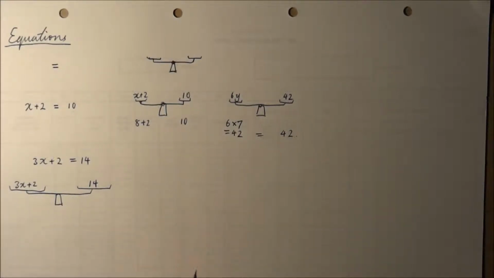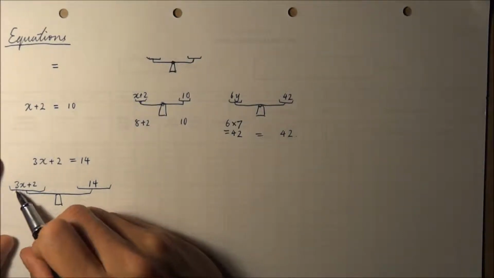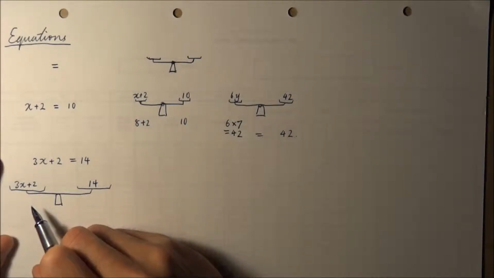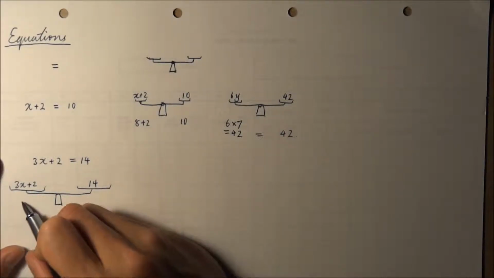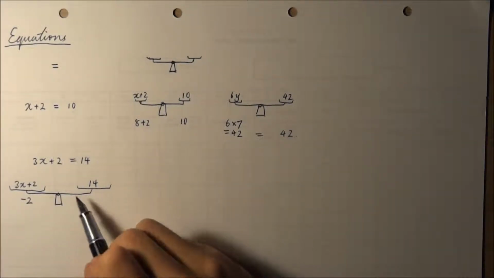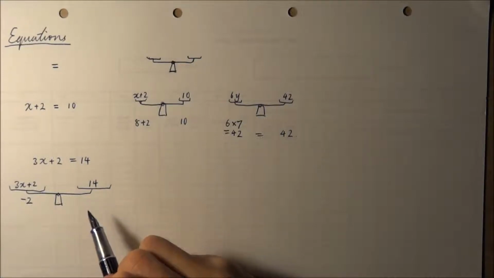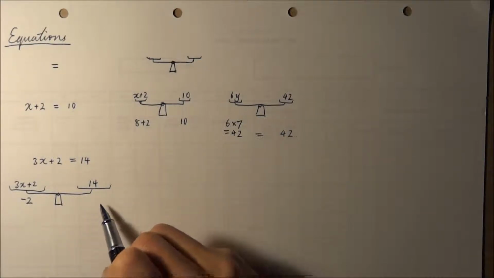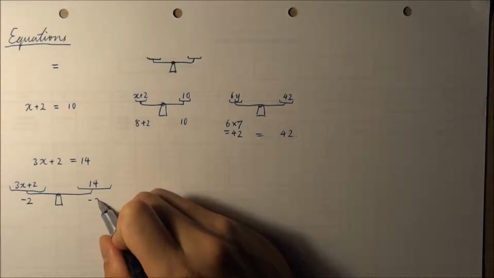So what we can do is to undo the operations step by step here. To undo 3x plus 2, the first thing we can do is subtract 2 from it. However, to ensure that the scale remains in balance, we have to subtract 2 from this side as well.